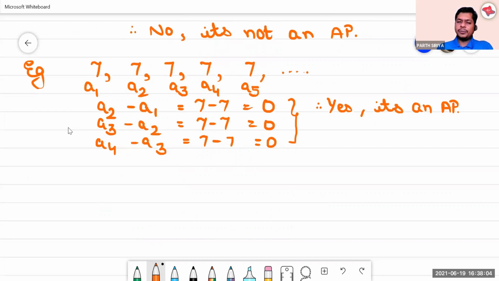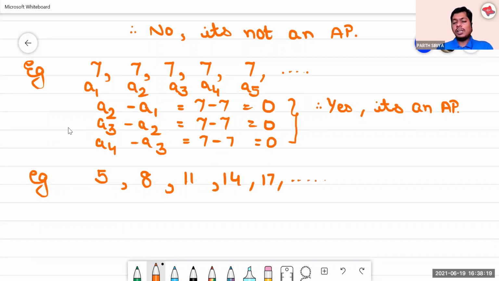If somebody asks you, say for example, if the question is that there's an AP 5, 8, 11, 14, 17, ऐसा एक पैटर्न दिया हुआ है. अगर कोई आपको पूछे कि what will be the 1000th term of this AP, इसका 1000th term कौन सा होगा? कैसे पता करोगे?